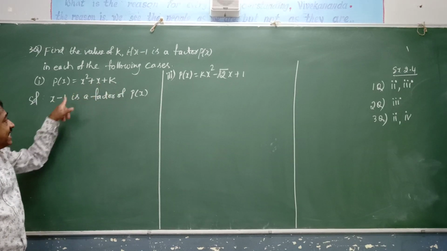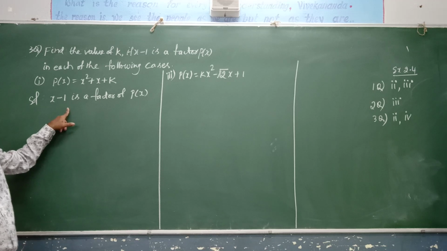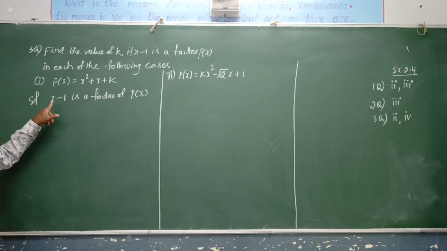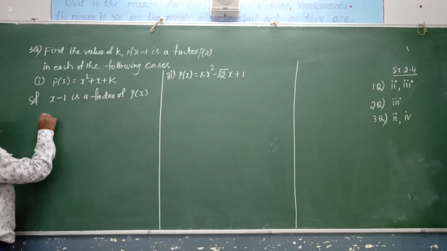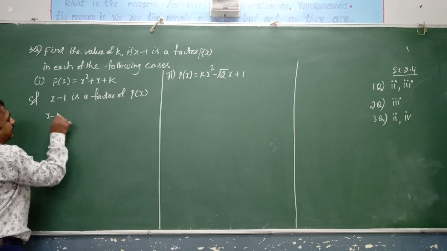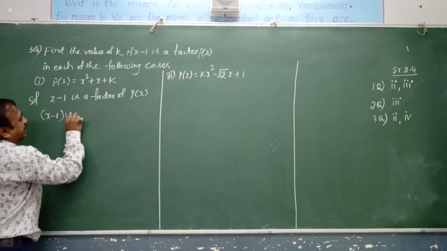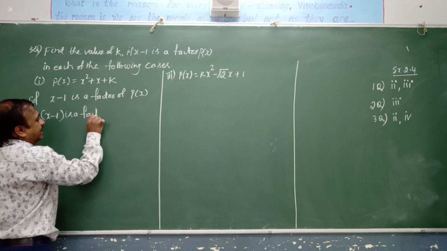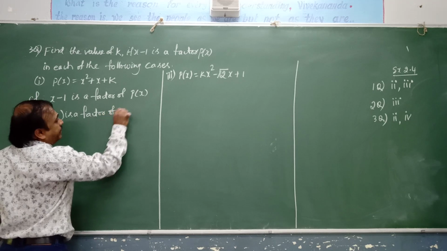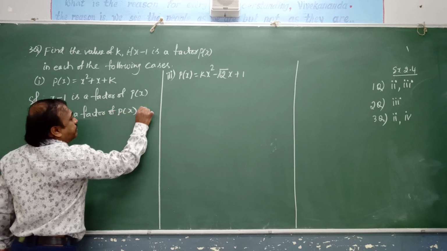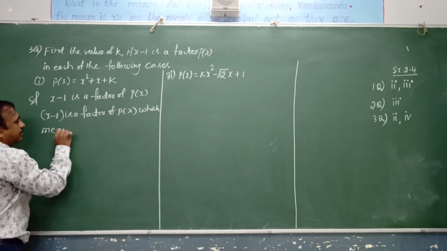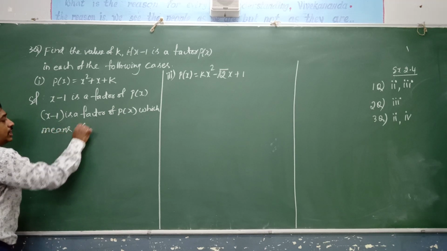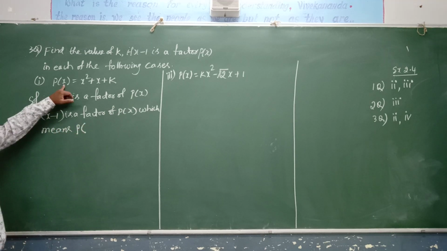For this, it is a factor. Factor means what? Remainder is equal to 0. What is the zero of this polynomial x minus 1? Zero of this is 1. That means x minus 1 is a factor of P of x, which means P of what should be substituted in place of x?